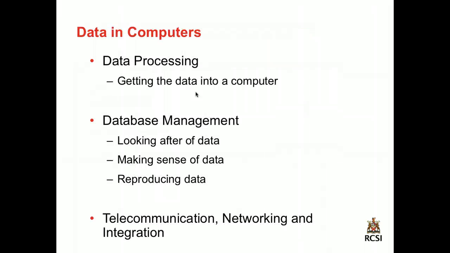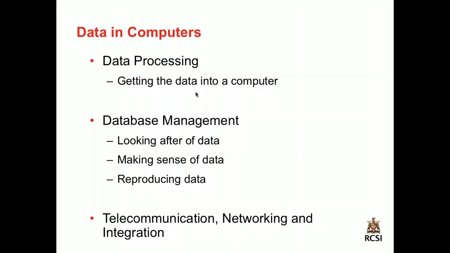In terms, and this is very basic stuff, but nonetheless important when we're looking at structuring information, to process information, we need to get it into a computer. And we can take this for granted in that a lot of information is freely available to us. We just look it up and read it, but somebody's had to type that or scan it or whatever it may be. And getting that, processing that data is vastly important.